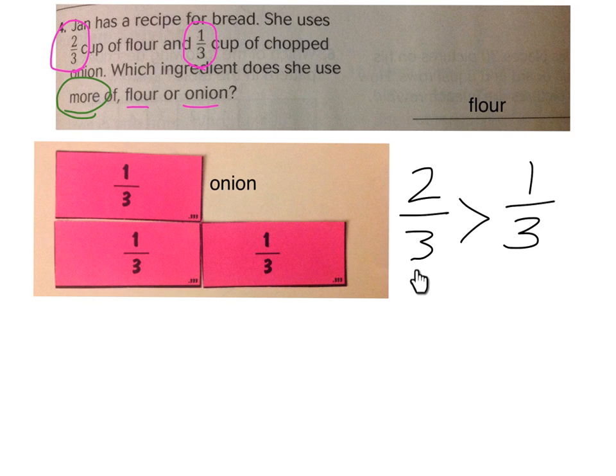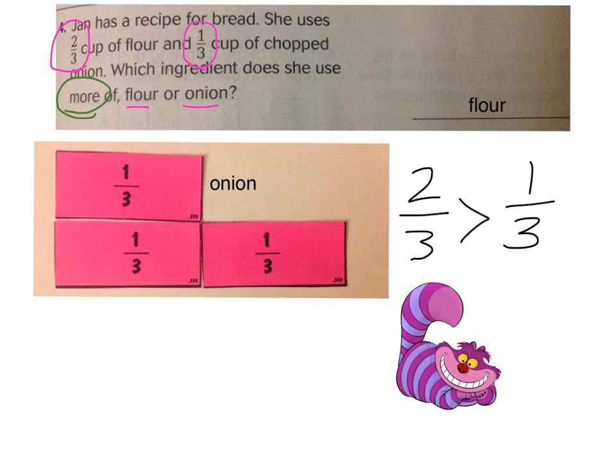Remember, because the denominators are the same, I can also look at the numerators and tell that 2 is greater than 1. But I can only do that if both denominators are the same. So how did you do?